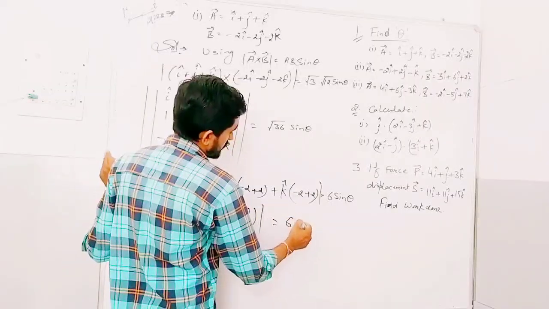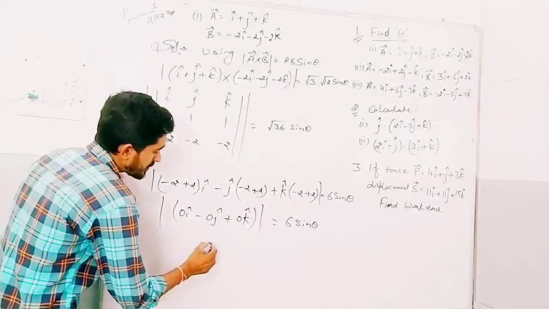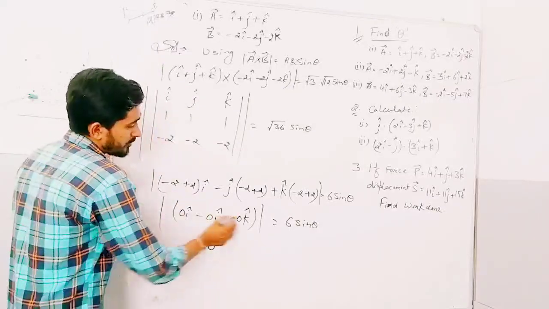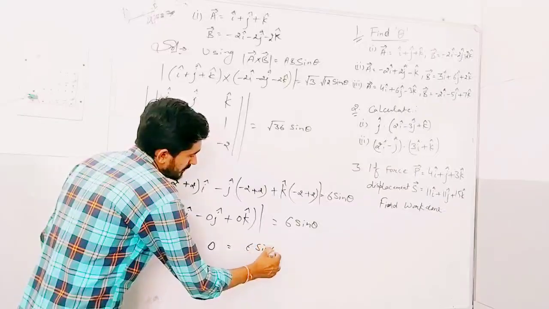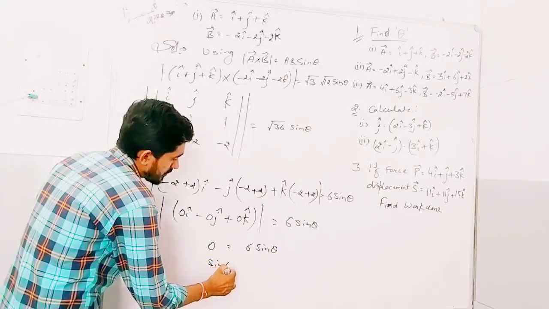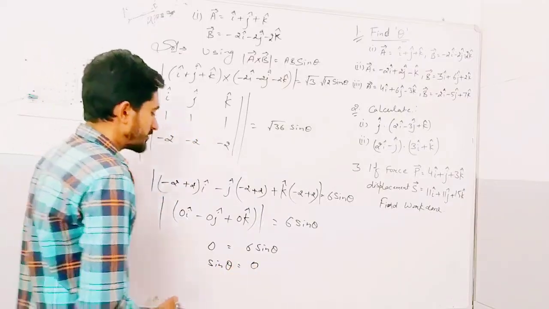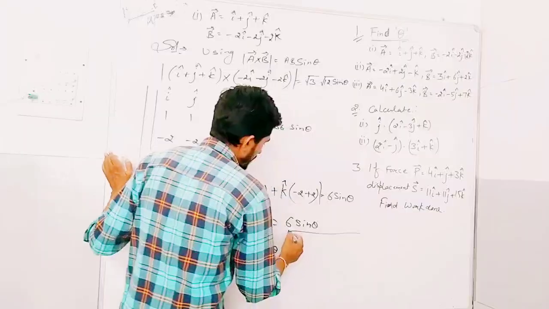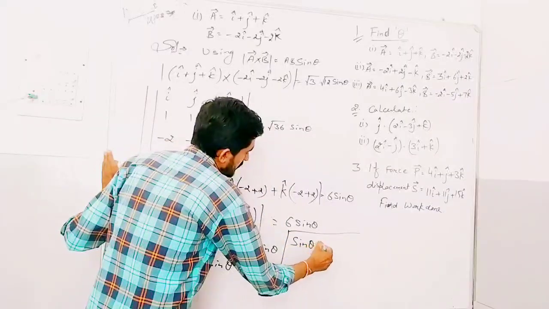Its magnitude will be 0, and here we have 6 sin theta, so sin theta equals 0.